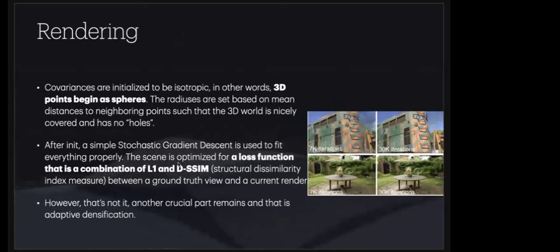This is launched once in a while during training, say every 100 stochastic gradient descent steps. It will try to address under- and over-reconstruction, and it's important to emphasize that gradient descent on its own can only adjust the existing points, but it would still struggle to find good parameters in areas that lack points altogether.